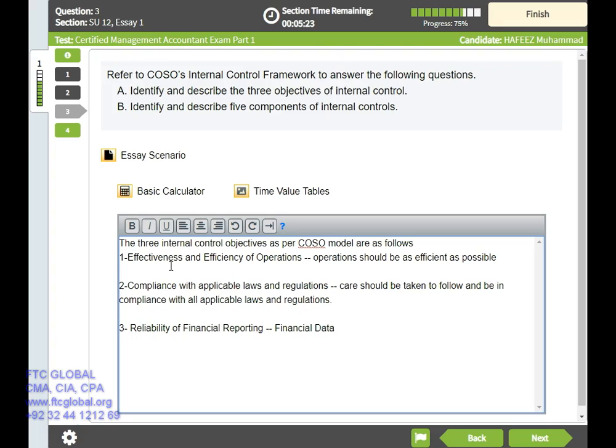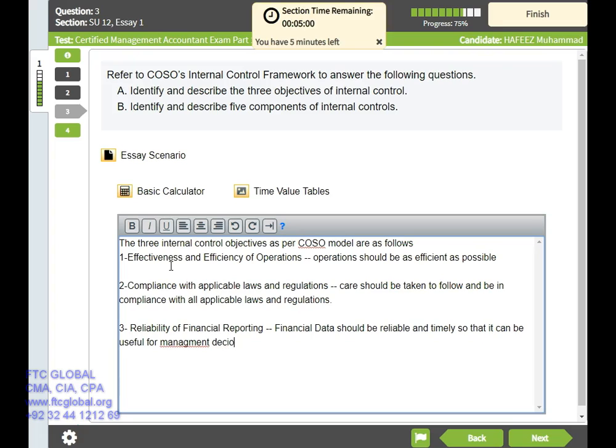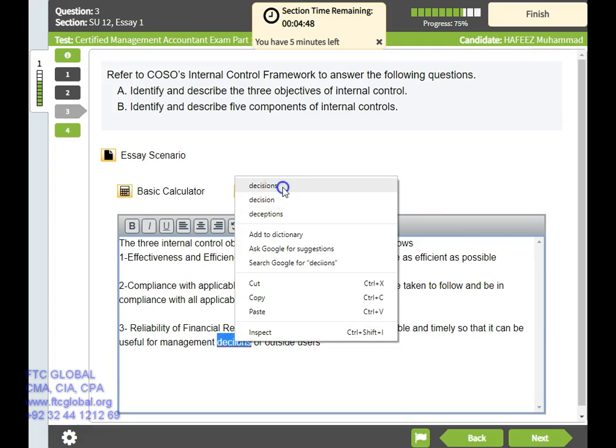Financial data that forms the basis of your financial statement preparation should be reliable and timely so that it can be useful for management decision making, and for outsiders as well, or outside users. Since this is not a fully functional exam model, there won't be such correction.